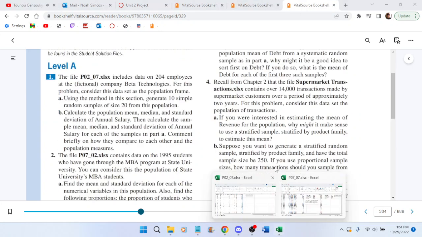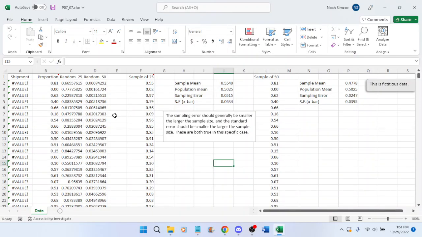Okay. So for annual salary, the only information we want is annual salary. Let me just make sure I know how to do this. I'm going to have to look it up because I didn't save the formula. Basically, generate your sample, and then put it over here, then do all your calculations. I think it's rand or something like that. If I just do rand, it should give me random numbers.